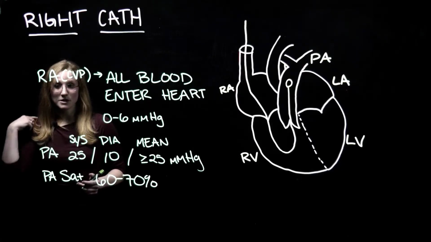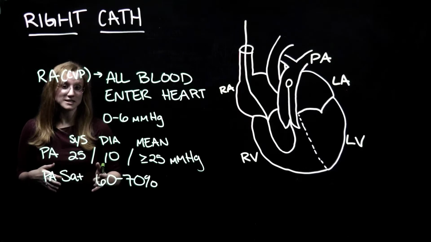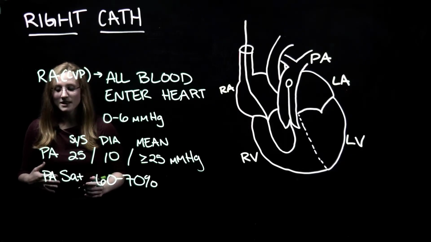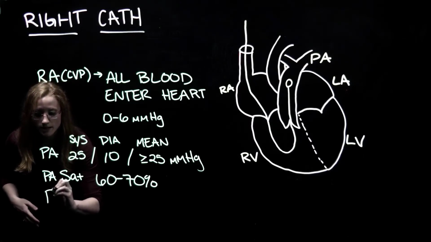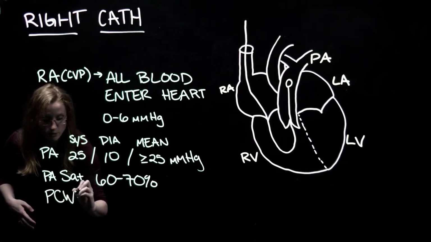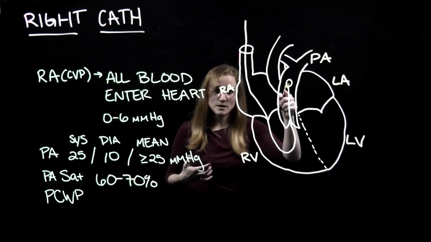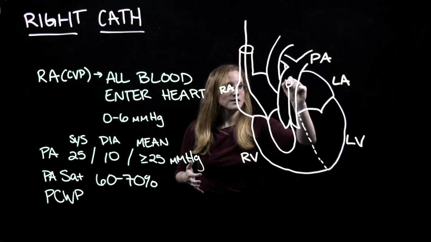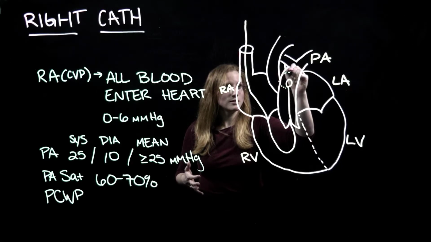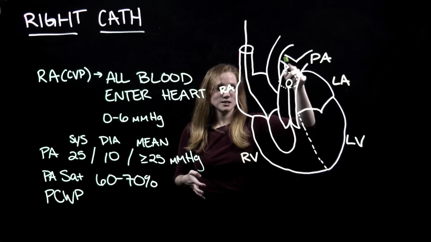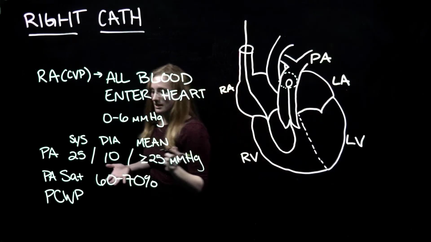Now the next measurement that we often get, before some calculations are done, is the pulmonary capillary wedge pressure. What that entails is, when we go back to here, remember I talked about the balloon blowing up. When the balloon blows up, we get this pressure here, and that is directly related to figuring out what the LA pressure is.